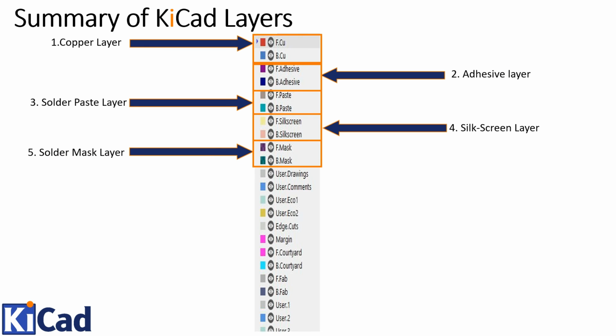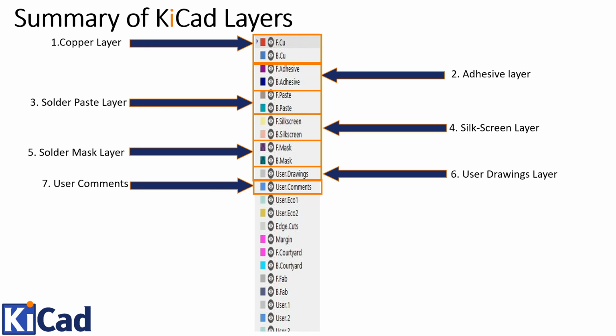Then we have the solder mask layer, which specifies which section of the PCB should be covered, like the tracks are covered with the solder mask to prevent the oxidation of the tracks. Then we have user drawing layer, where users can draw their custom things, add custom elements on the PCB.